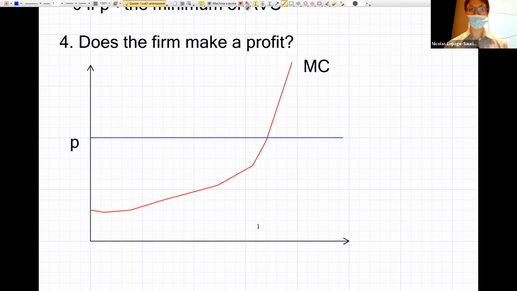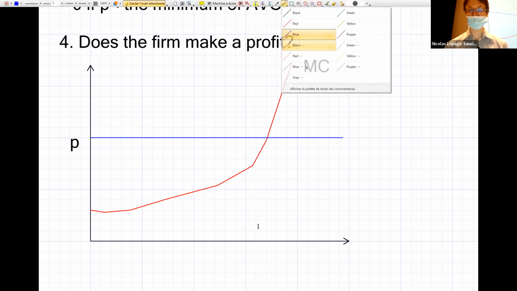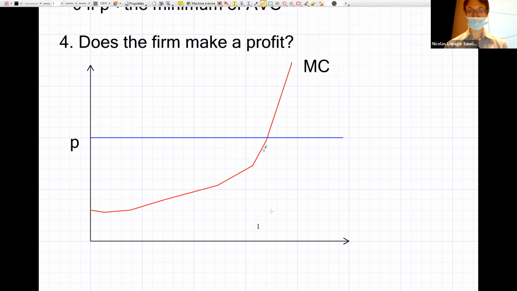So what does the firm decide? It always decides the same thing. Price equals marginal cost.